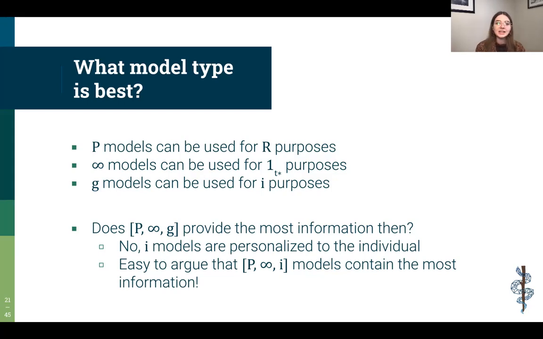So because of that, it is easy to argue, I think anyway, that the models that give probabilities, the models that also provide some kind of survival function, and the models that are individualized contain the most information that could be helpful in a clinical setting. And this might be my own bias, having worked on a survival prediction task in this area, but I think the argument is sound here.